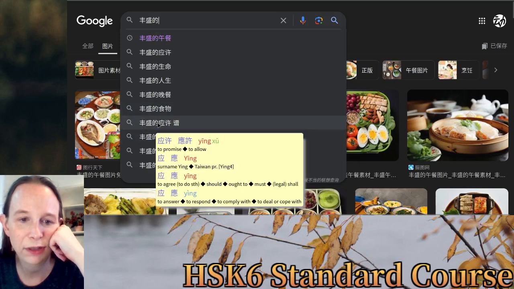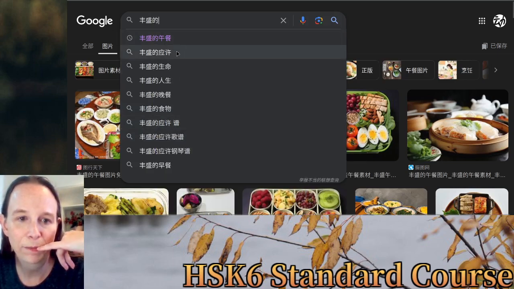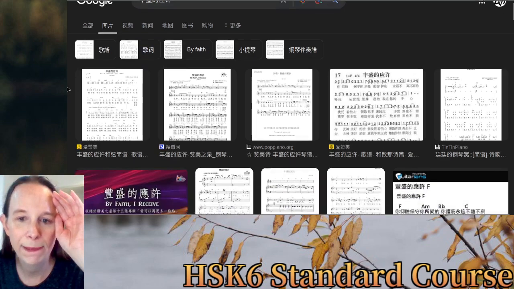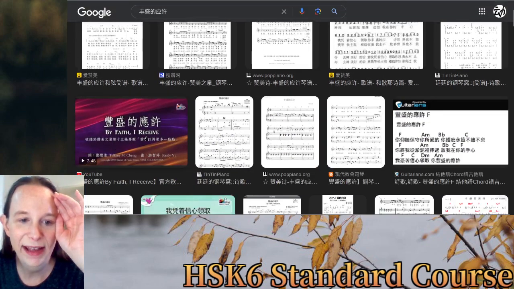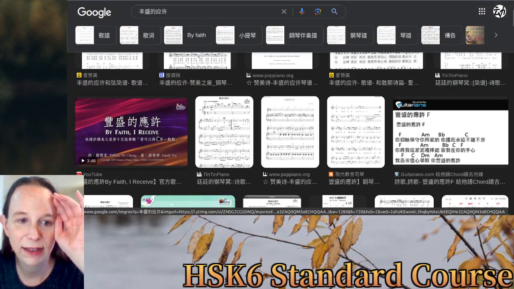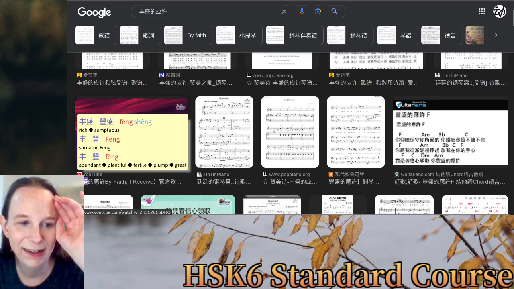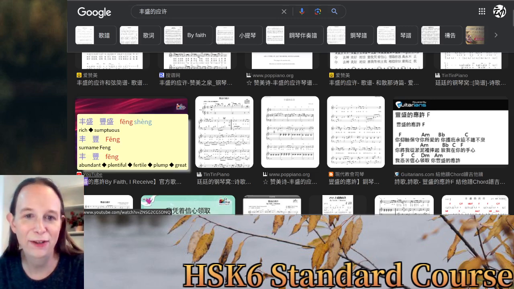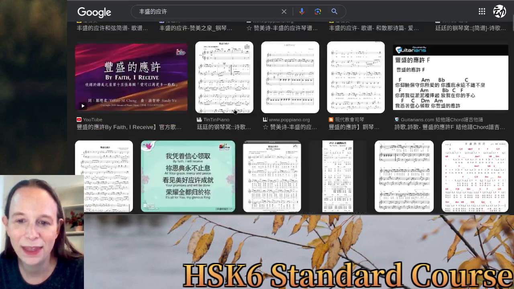What is 应许? Promise. 应许. Allow. 丰盛的应许. Oh, it's the name of a song. Is that Feng? Is that really Feng in traditional? Wow, that's some incredible simplification there.